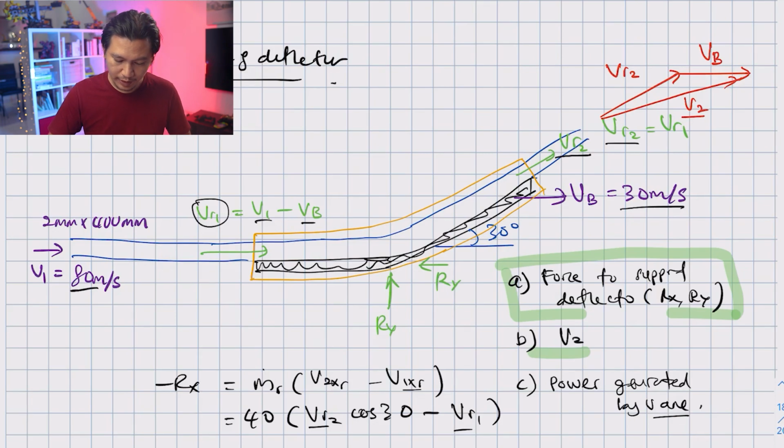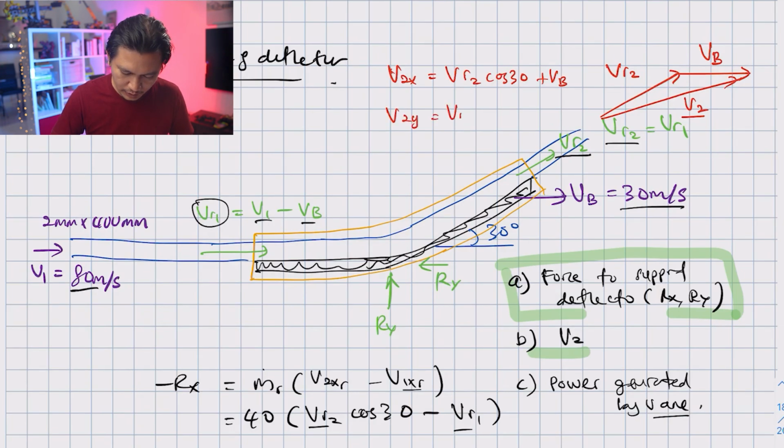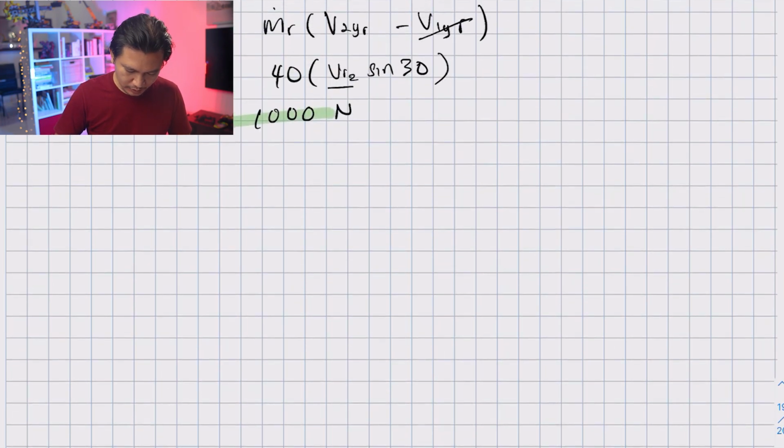So V2x is equal to VR2 cos 30 plus VB. And V2y is simply VR2 sin 30. Does it make sense? Now, if I copy this equation and solve it at the bottom, so copy and paste it here.